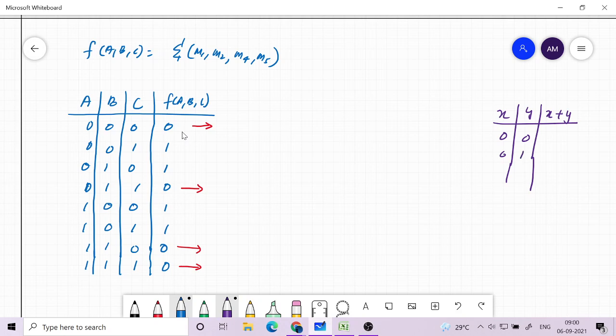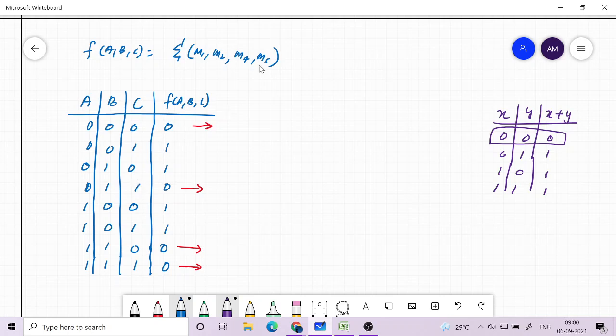Then 0, 1 gives 1, 1, 0 gives 1, and 1, 1 also gives 1. So the distinct case here is that there is only one case at which the output becomes 0, that is when both are 0. So OR is a good operation which can isolate the case of 0, since there is only one unique case where the output is 0.